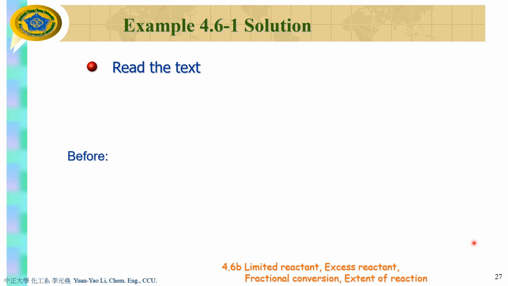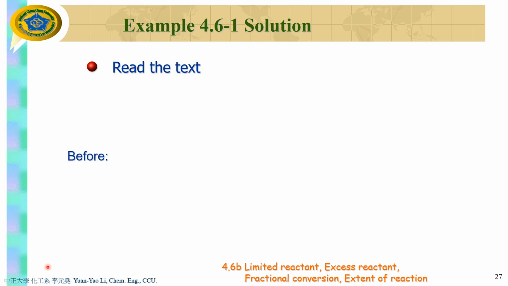Acrylonitrile is an intermediate used in the production of a number of polymers, including nylon, and so on. Let's go to the end of this paragraph.